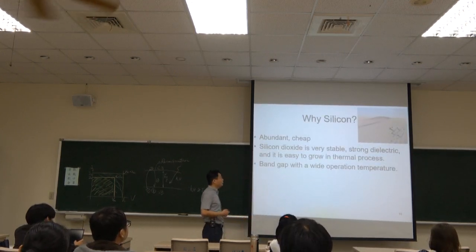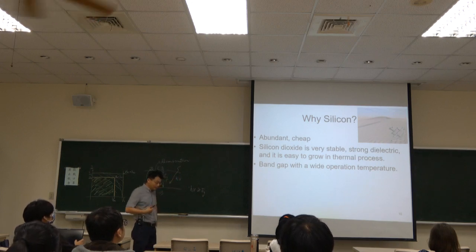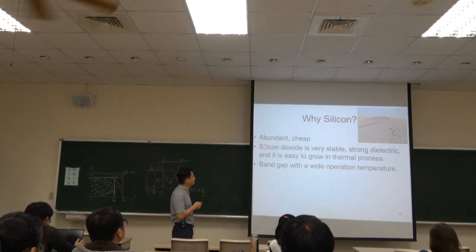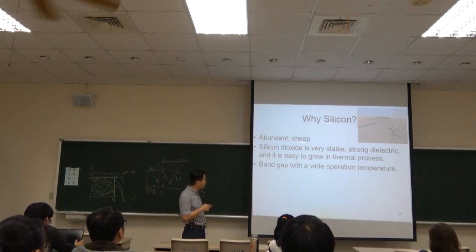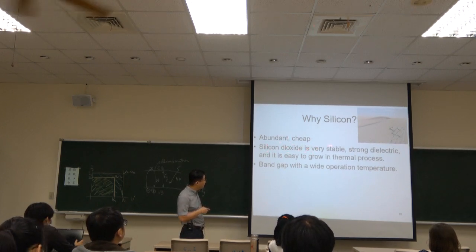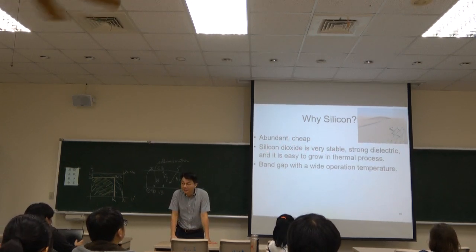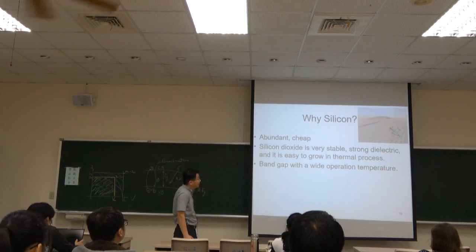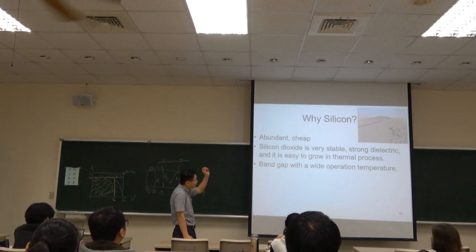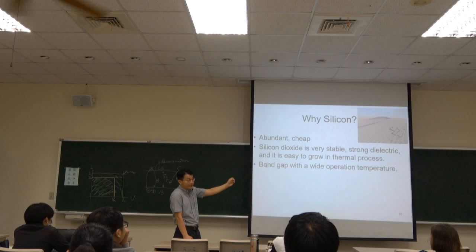So why do we need silicon? That's what I always emphasize. It's abundant and cheaper. And silicon dioxide is very stable, so it is easy to find by SEM. Strong dielectric, easy to grow by thermal process.